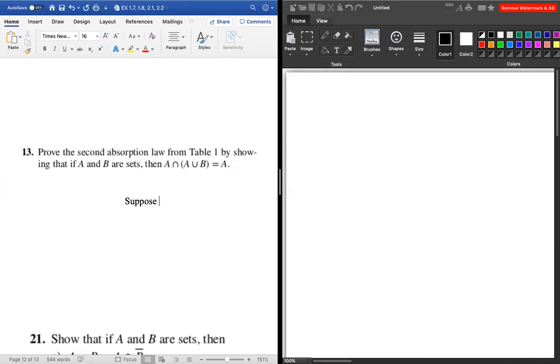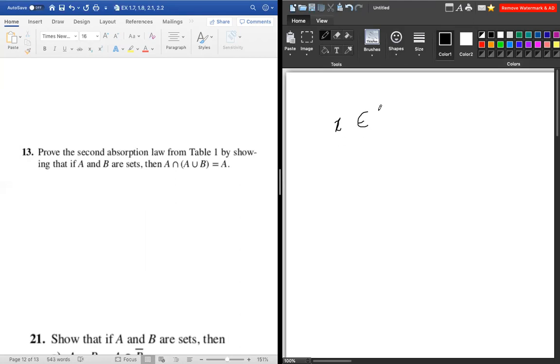So we suppose X belongs, maybe I can do it over here. So we say X, and this symbol here, the backwards E, basically means belongs, right?